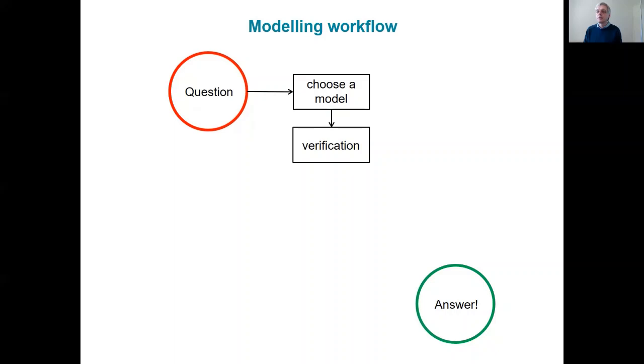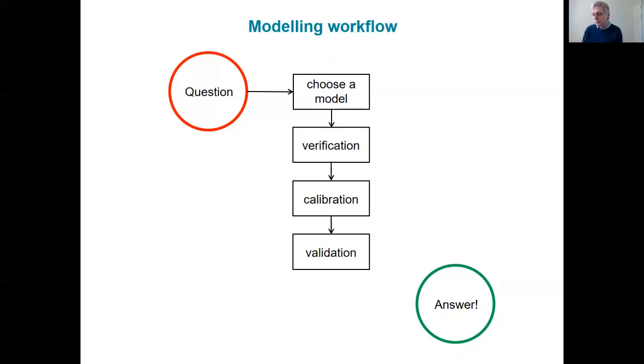The next step, having chosen a model, is to set it up for the experiment and make sure that it's doing the right thing. That's verification. A model may very well need to be calibrated to the particular context in which we're applying it, to the particular data we have, particularly the data that's extrinsic to the query that we wish the model to address.